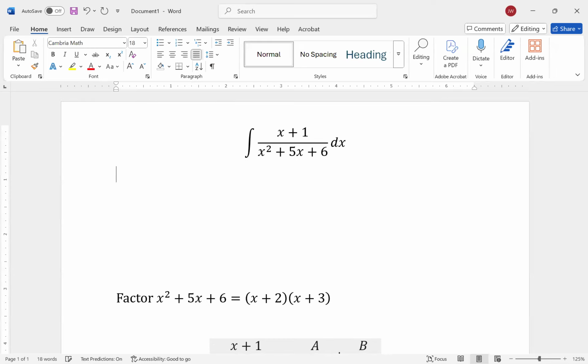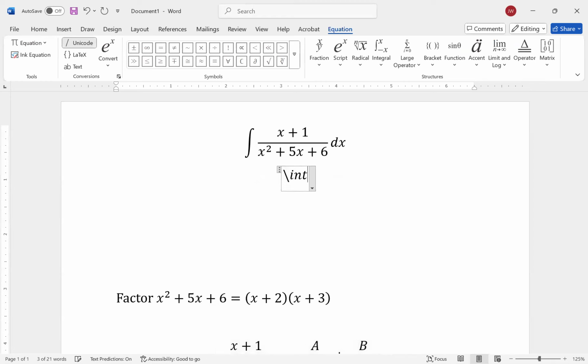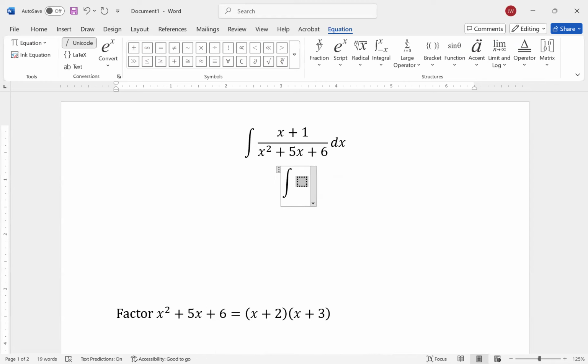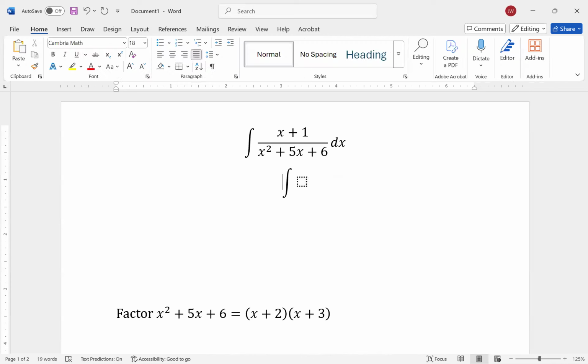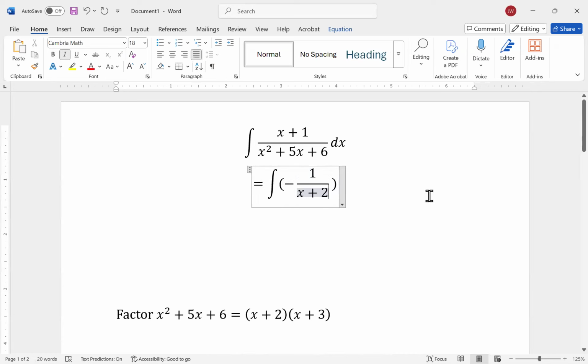That means my original integration, the one we started with, is the exact same integration as taking -1 over x plus 2 plus 2 over x plus 3. I think I'm going to rewrite that with the negative with the 1.